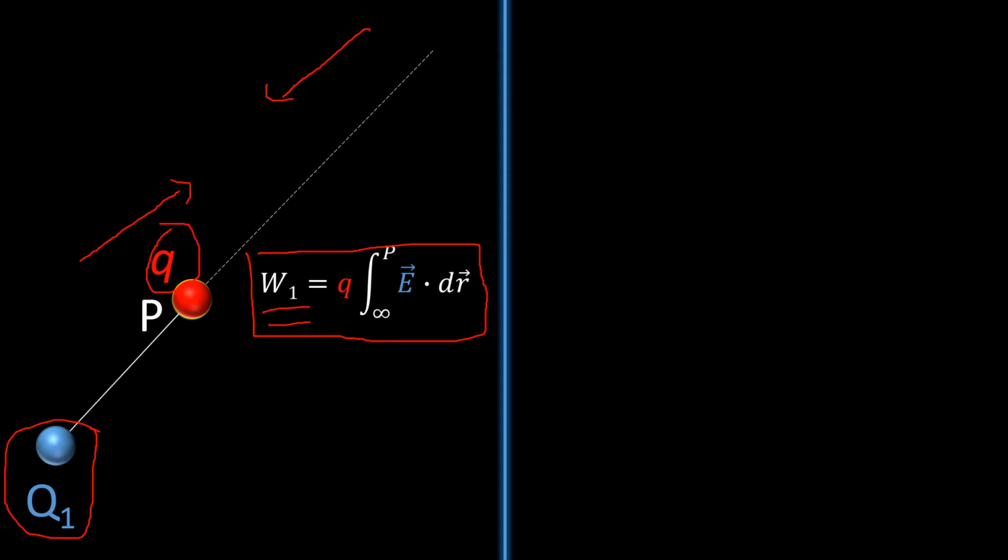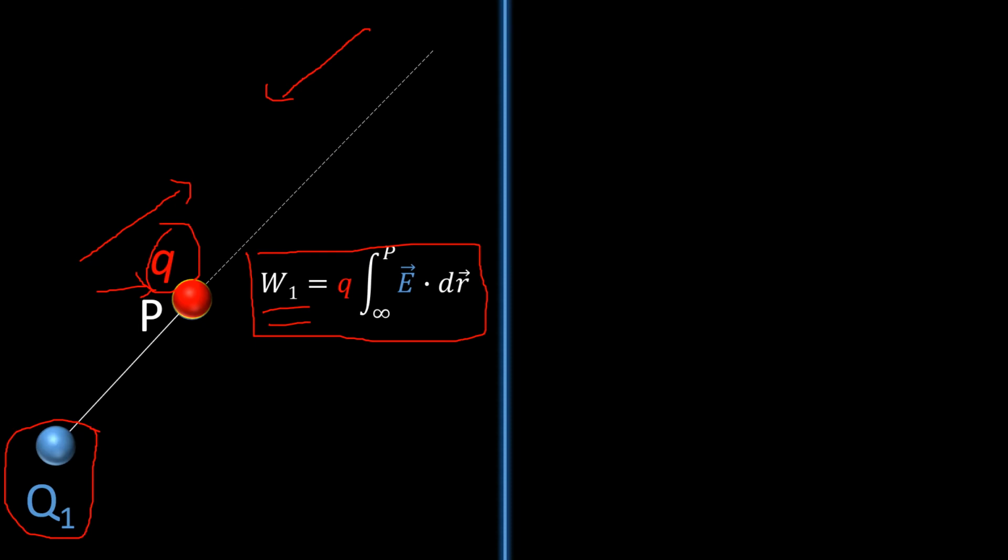And where is the energy going? The energy spent to bring q from infinity to point P is stored in the system in the form of potential energy. We'll discuss that at greater length in forthcoming videos. For now, if we focus on work done, we are doing work, or work is done on this charge q, not by the charge. Work is done on charge q.